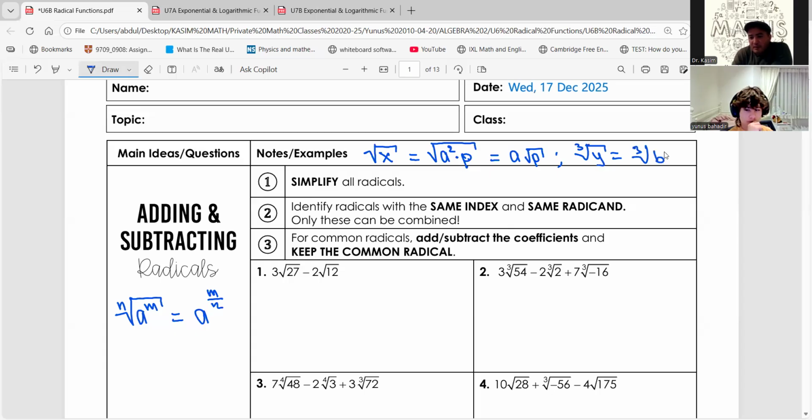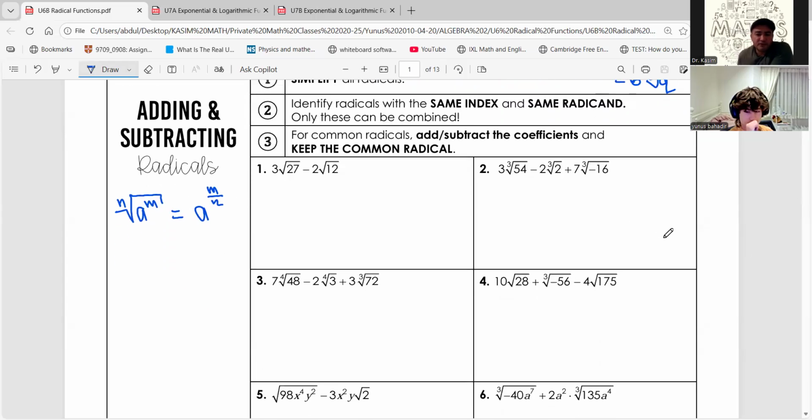Let me write b cubed times q, so that we can simplify this to b times the cube root of q. The logic is very simple, because according to this definition, m over n: if we can divide m by n, then I can simplify this. Otherwise, we cannot simplify. Okay? So now you have a lot of experience, Yunus. Before we continue, let me ask you a few questions to simplify, then we will move on. Okay, a warm up so that you can also wake up.